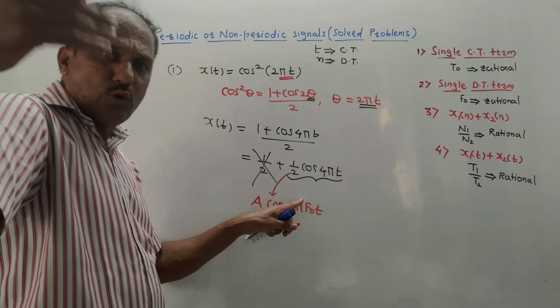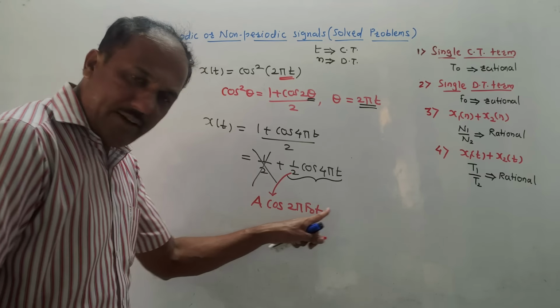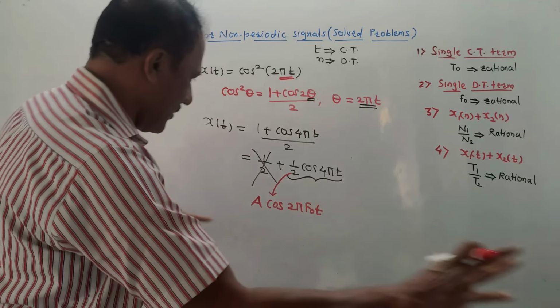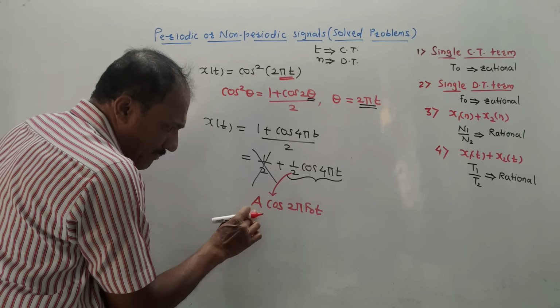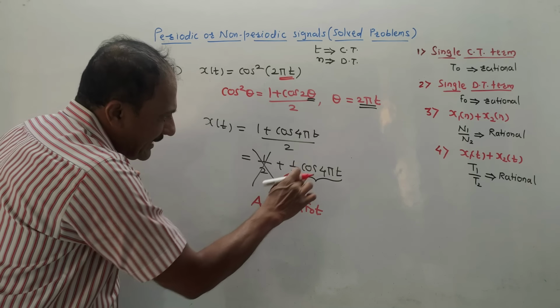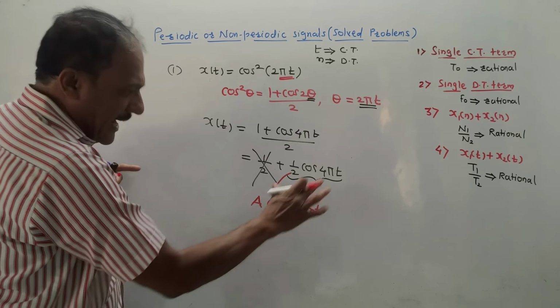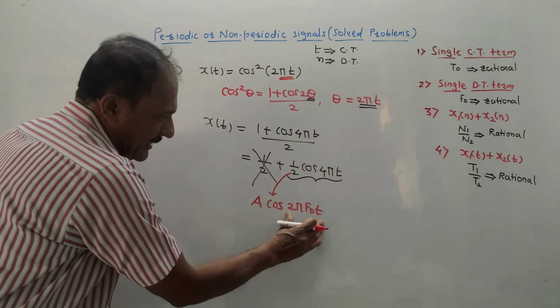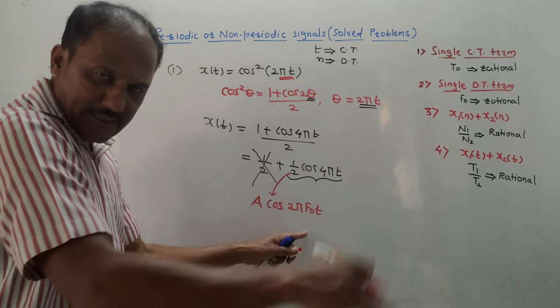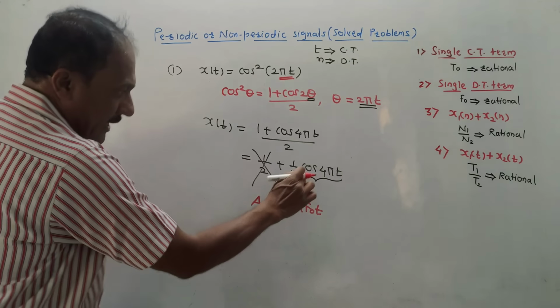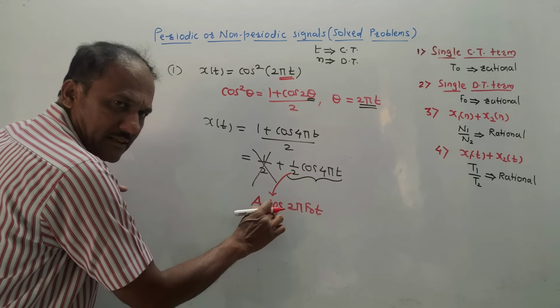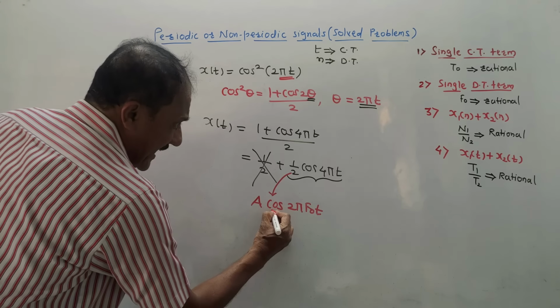If there would have been two terms, I would have written 2 pi f1 t plus 2 pi f2 t and so on. 1/2 is the amplitude, denoted by A. Since there is a cos term, I have written cos. In every numerical the same technique is there, 2 pi f t. Whether it is f0, f1, f2, that is immaterial. If it would have been sine, I would have written sine. Fine. Now, this is the standard formula.